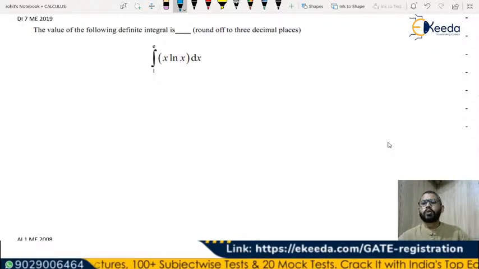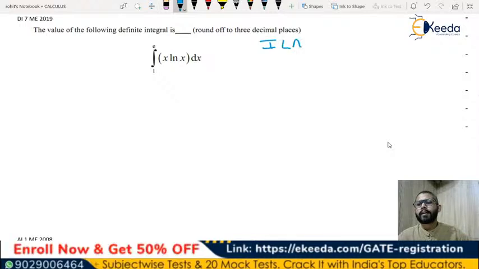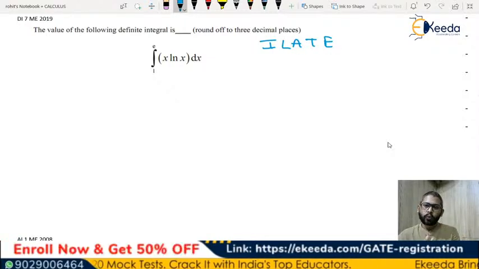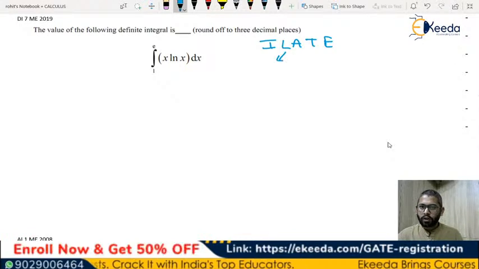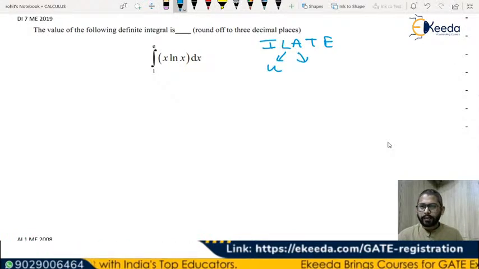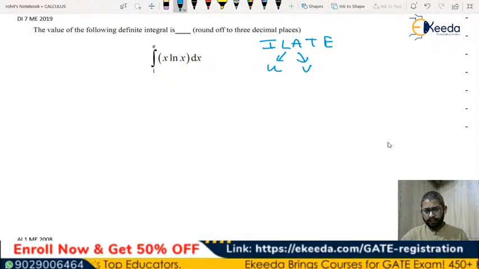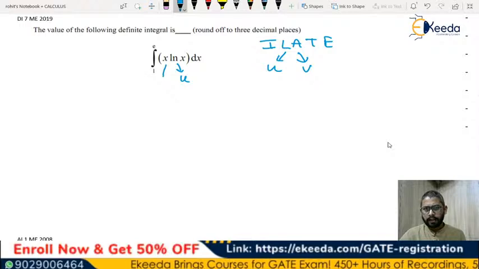X ln x. It's not a property, it is just a rough rule. So you can take log as u and the algebraic term as v. So in that case, you are taking ln x as u and x as v.